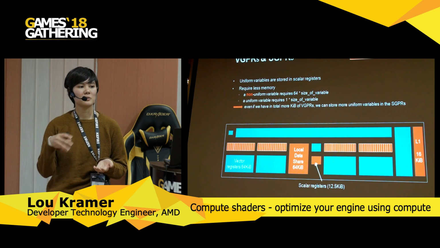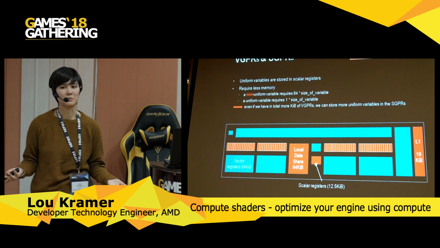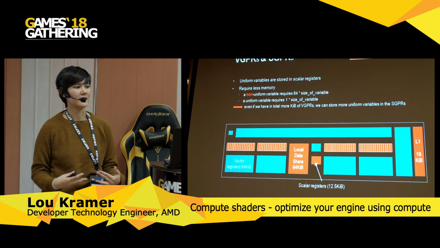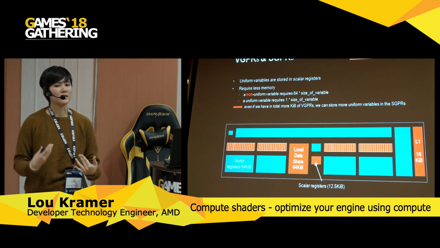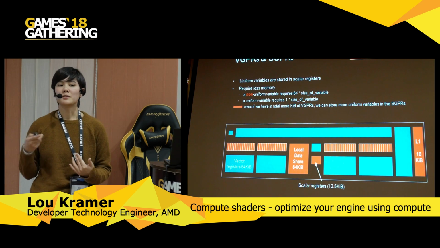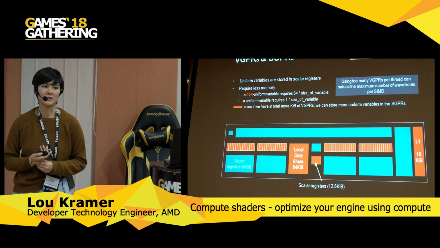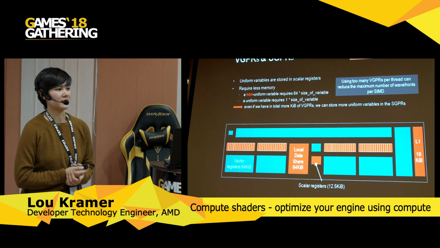And then at a certain point, we can't schedule another wavefront because we just don't have enough registers anymore. We don't have registers left to store any intermediate state, and this means we just can't schedule another wavefront on the SIMD unit. So it reduces the maximum number of wavefronts we can have per SIMD. And this, in turn, reduces the ability to hide latency.